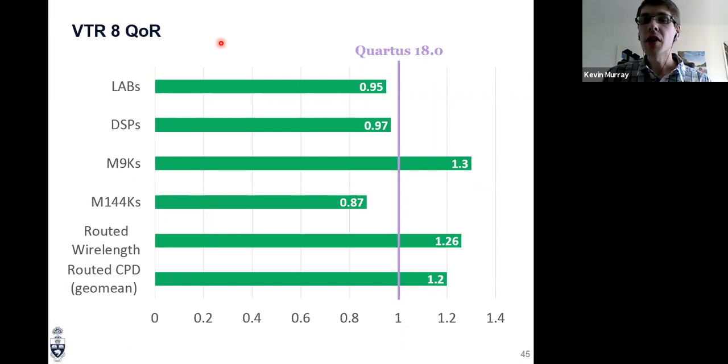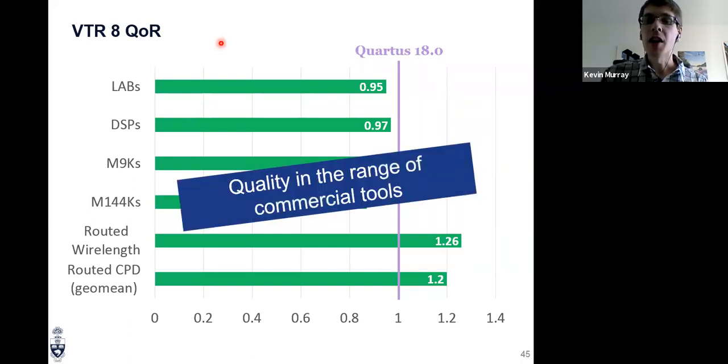And we see that there is a quality gap. We use about 26% more wire length, and our circuits run about 20% slower than what Quartus can achieve. But for a set of open source tools, this is, I think, a pretty interesting result because it means that our quality is in the range of what commercial tools can achieve.